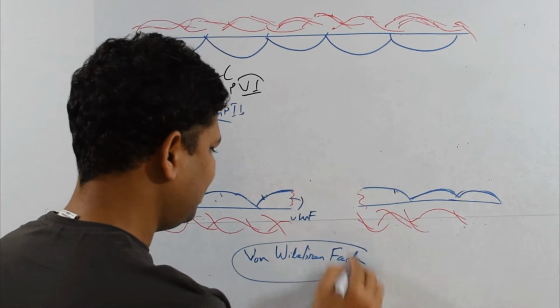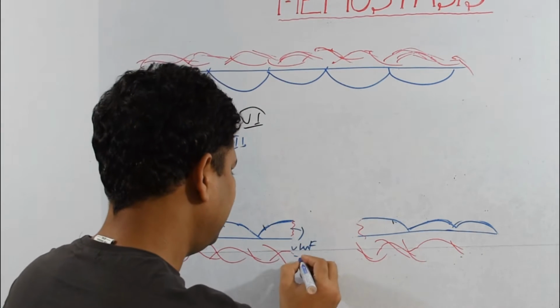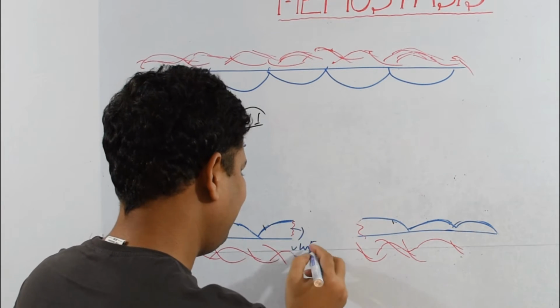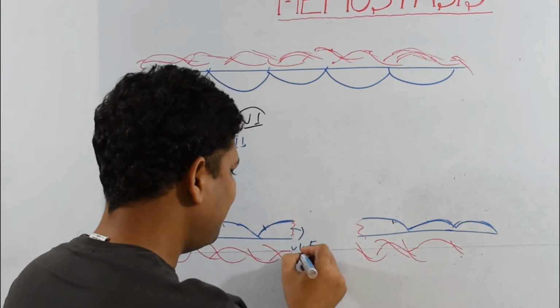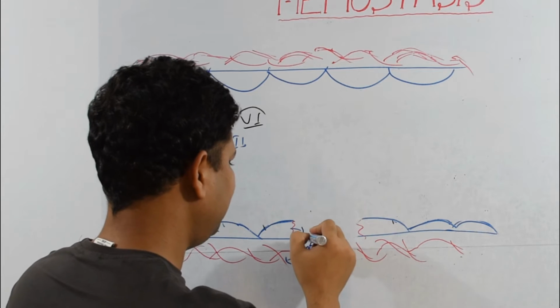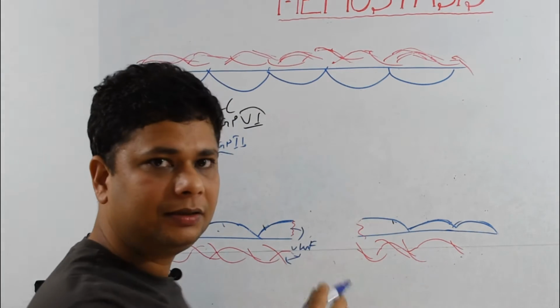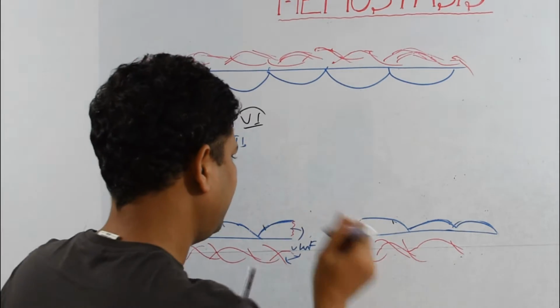So this is a very important factor. This is secreted from endothelial cell, and this von Willebrand factor is a multimeric protein. This will bind to collagen, and simultaneously these factors also bind to platelets.